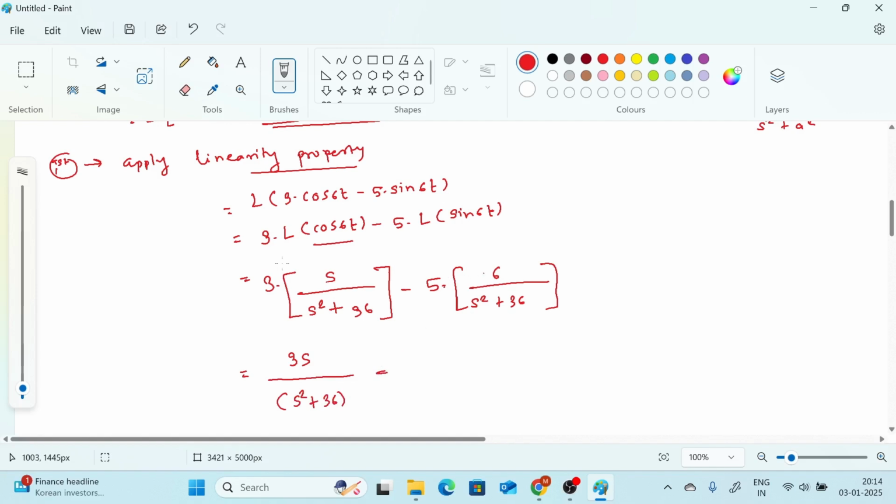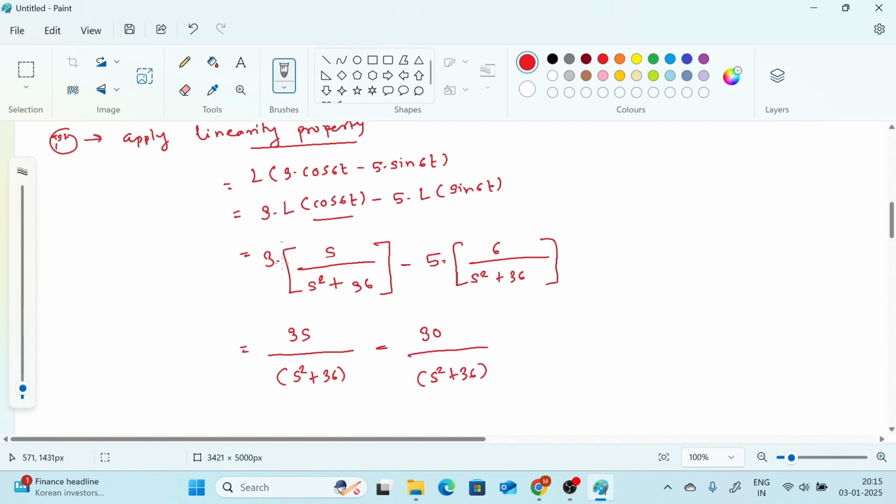Minus 5 into 6, that is 30, upon s square plus 36, right? Now what do we have?